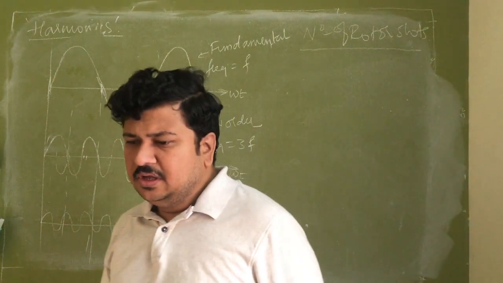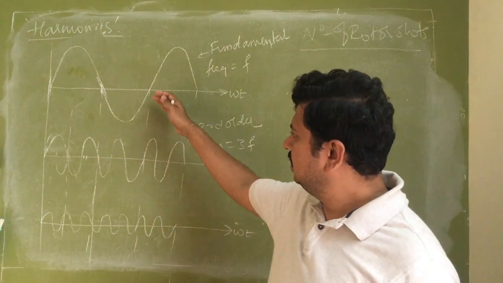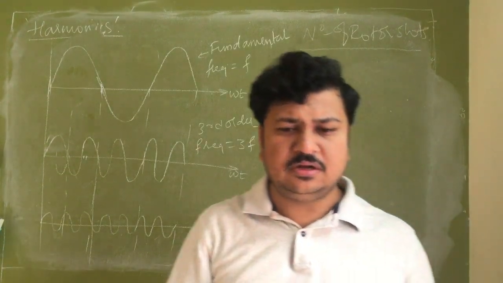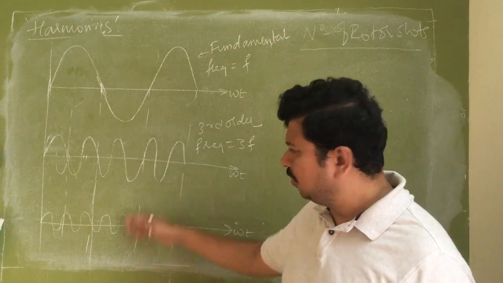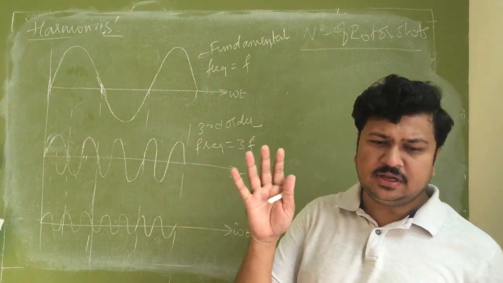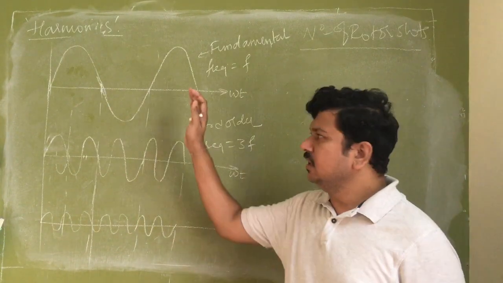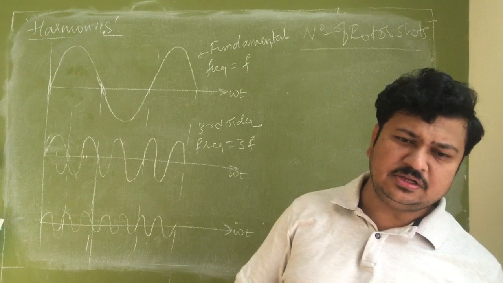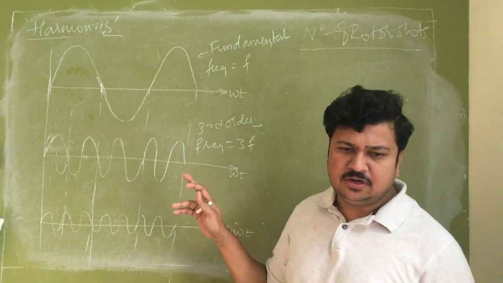Then the current carried by the stator has harmonics. Therefore, the flux created by this current, which is linking the rotor, will also have the same order of harmonics. Whatever the current is, that will be the flux. If current is a pure sine wave, flux will be a pure sine wave. If the current is harmonically affected, flux will also be harmonically affected.